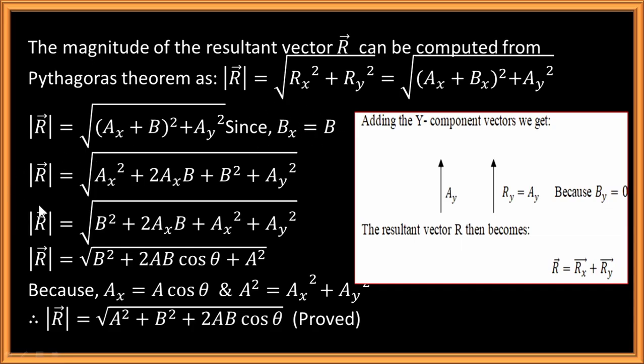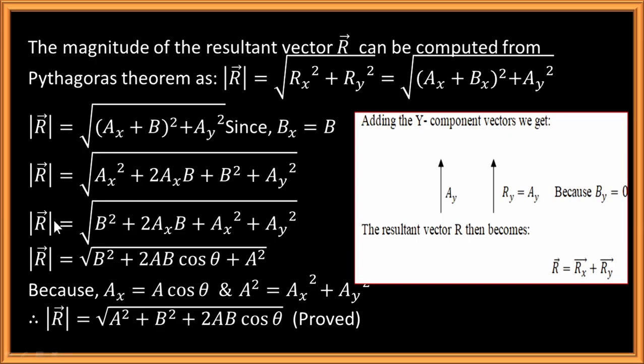The resultant vector is now ax squared plus 2axb plus b squared plus ay squared. Do you know why? This is (ax plus b) multiplied by itself. Ax plus b, when it is multiplied by itself, gives ax squared plus 2axb plus b squared.